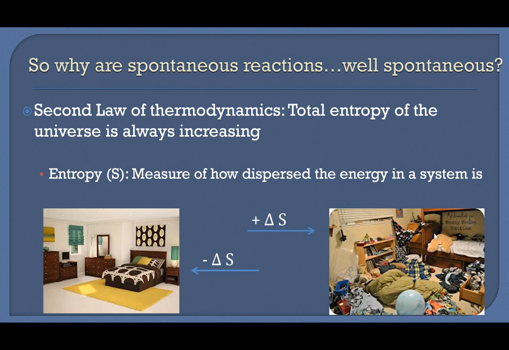So the universe is something that's really hard to wrap our heads around. So what we're going to do is study entropy as it has to do with a chemical system. Often we do a lot of our experiments in a beaker. So we're going to talk about entropy within the realm of a beaker, within the realm of a chemical reaction.